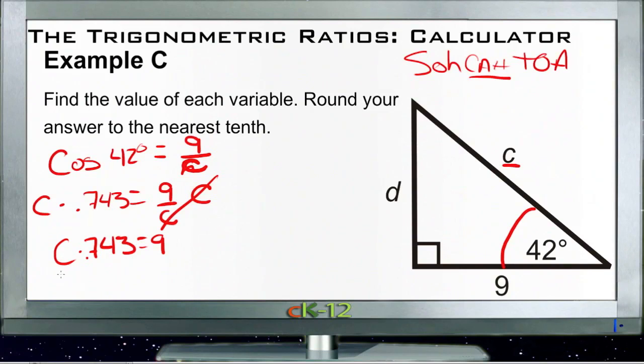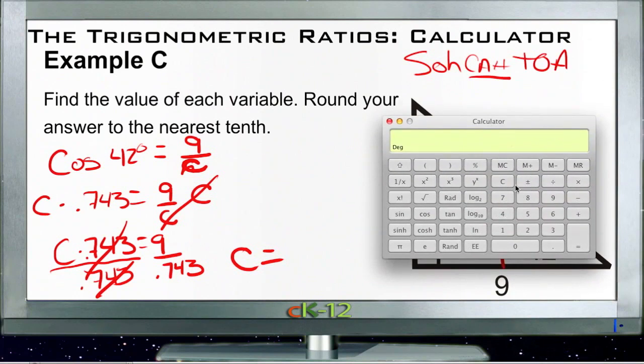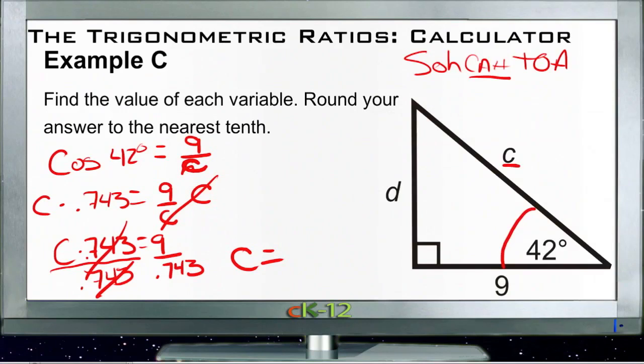And then we need to divide both sides by 0.743. So that'll cancel. 9 divided by 0.743. And then we'll have c equals, and if we do 9 divided by 0.743, we get 12.11.